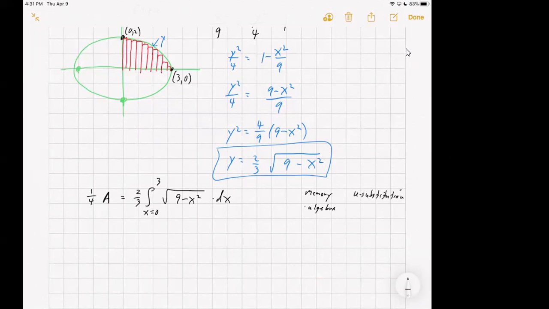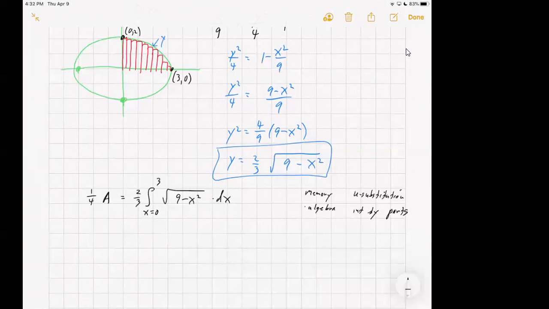You would probably substitute for 9 minus x squared, but the derivative of that would not cancel out if you did use substitution. Next, integration by parts requires 2 factors, a u and a dv. This has everything under the square root, so you can't do that.